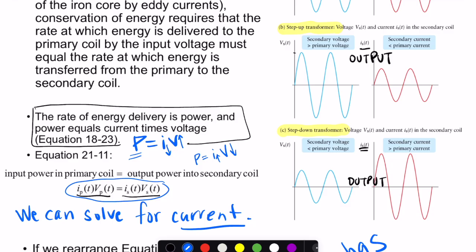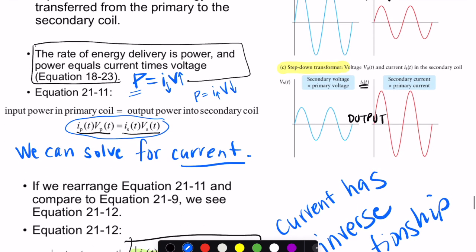So when you solve for current here, this is setting the powers equal. The power transferred from the primary coil to the secondary coil equals the power transferred into the secondary coil. If you keep those powers constant, you can see why if one goes up, this one must go down. We can also see the current relationship and how it's opposite to the voltage.